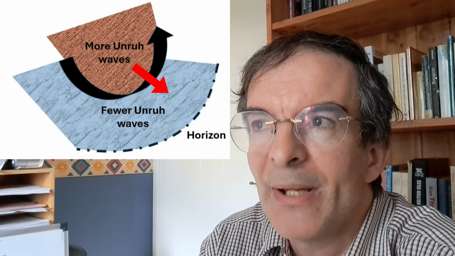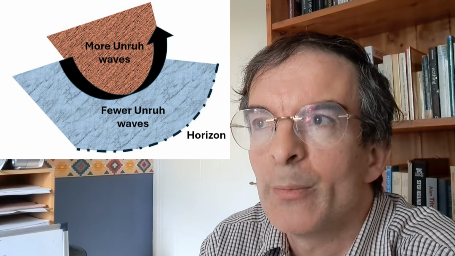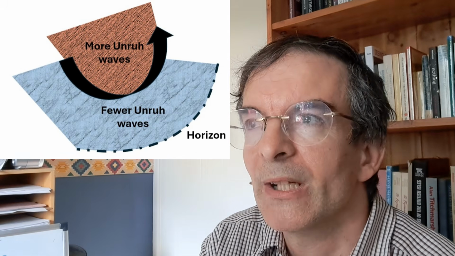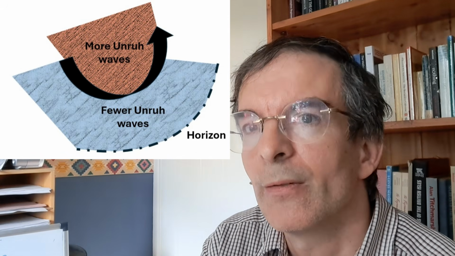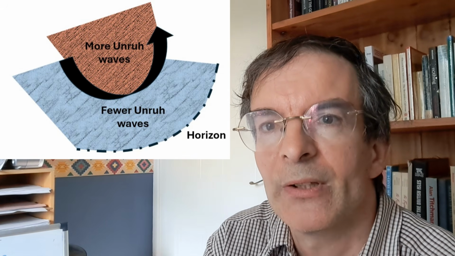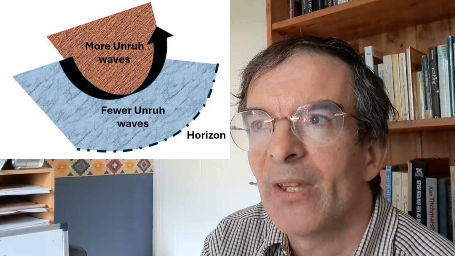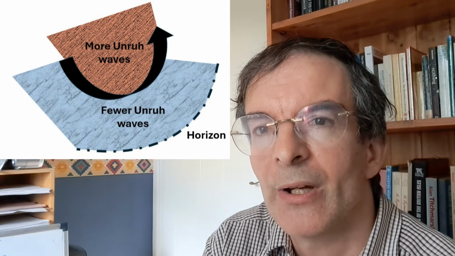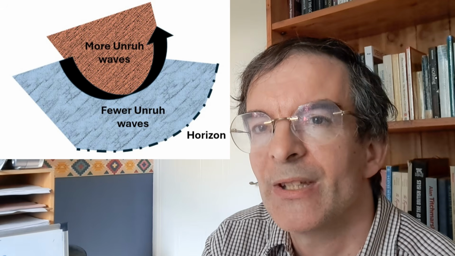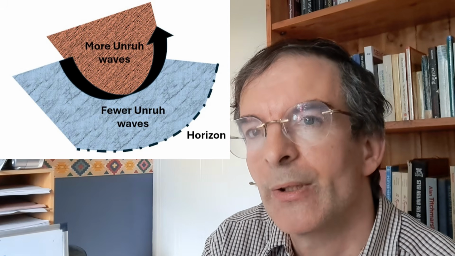So this is a better model because we're not simply assuming that it's tending to move out because it's trying to follow Newton's first law. We actually have a mechanism now to look for Unruh radiation, which has a gradient between the left and the right of the object. More Unruh waves on the left-hand side, pushing it to the right, and fewer Unruh waves, damped by the horizon, pushing it to the left. So it tends to move right.